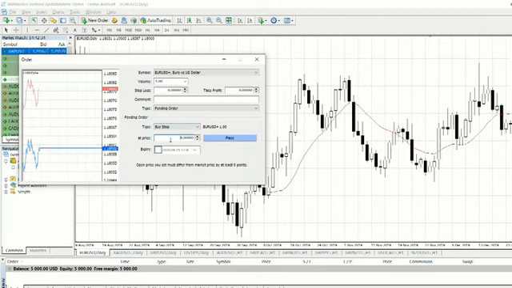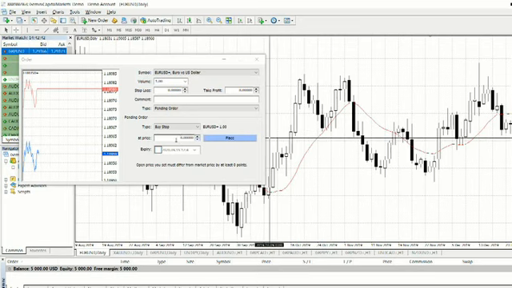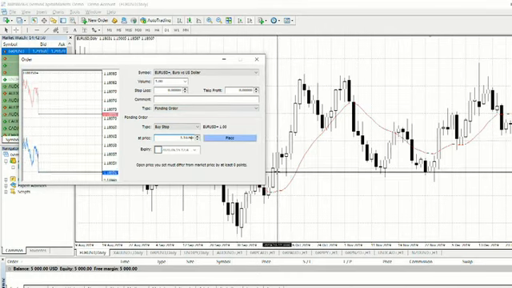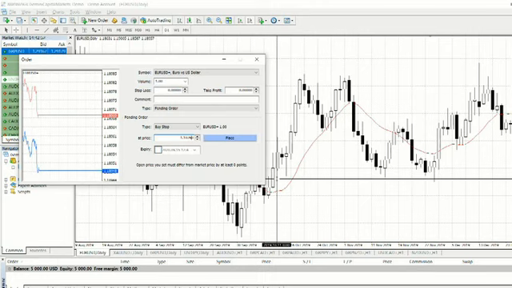And then you put in the price you want to buy. In this case, the price we'll probably be looking to buy is, let's say, 1.1076. Then your stop loss will be 10 pips below the low of this, which is around here, 1.0985.